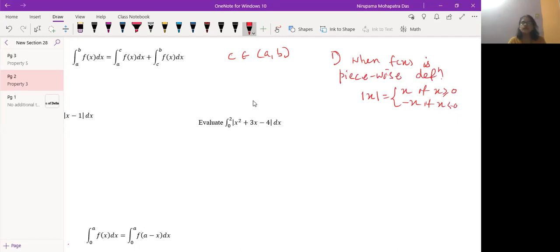The second case you can also consider. It is not only piecewise definition.